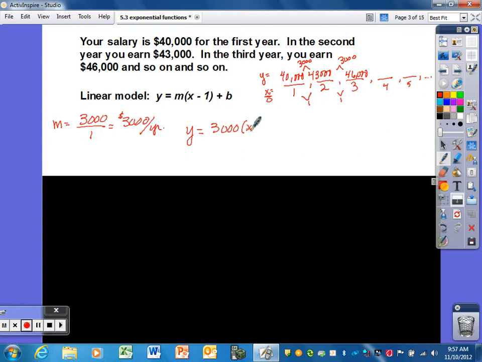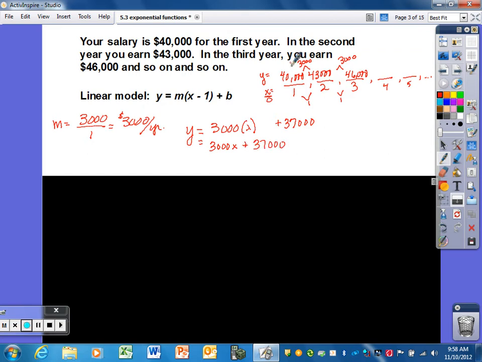And since I don't have year 0, I have to do x minus 1 plus b. If I go back 3,000, I'd be at 37,000. So it would be 3,000x plus 37,000.